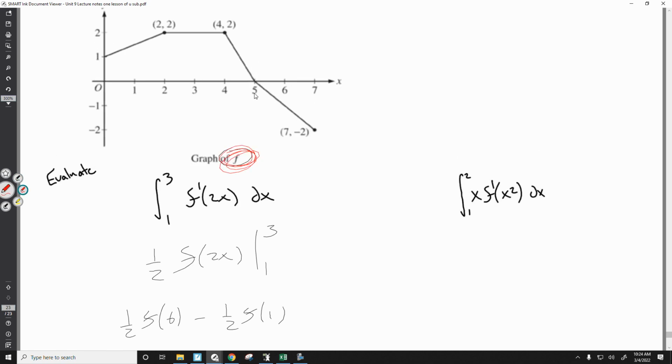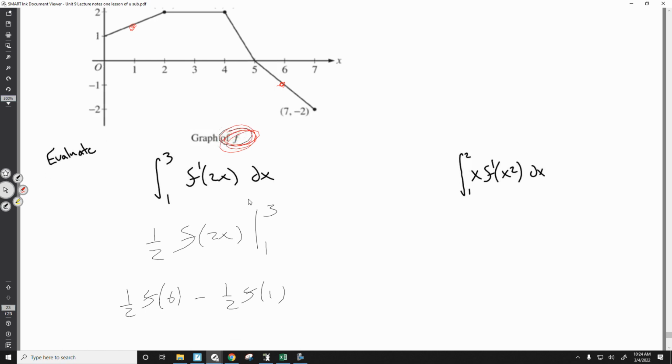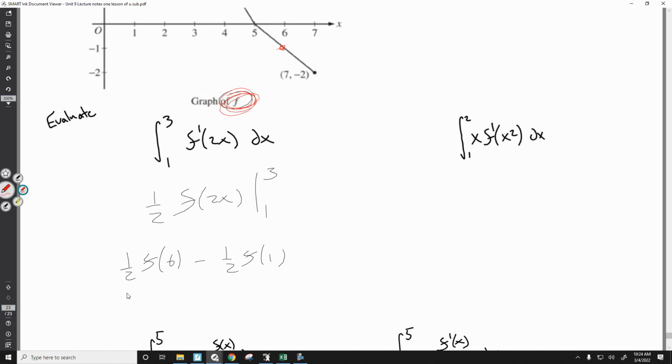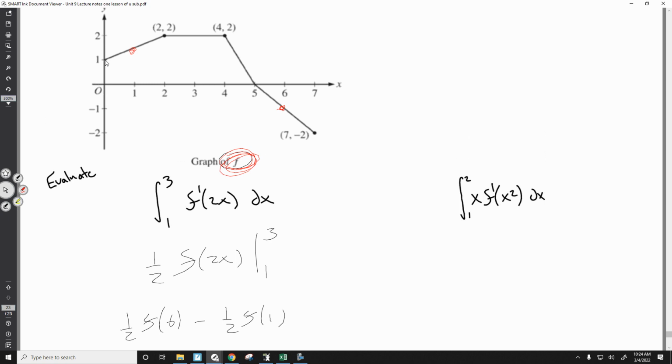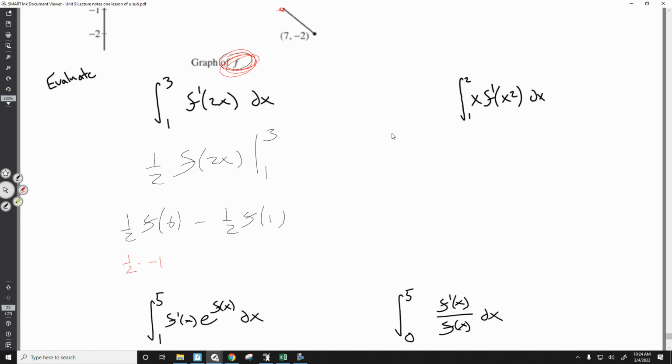This is the graph of f. f of 6 is that y-coordinate. f of 1 is that y-coordinate. f of 6 is -1. f of 1 ends up being up 1 over 2, up 1/2 over 1, 1.5, or 3/2.